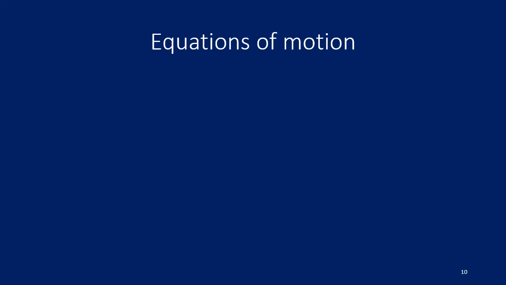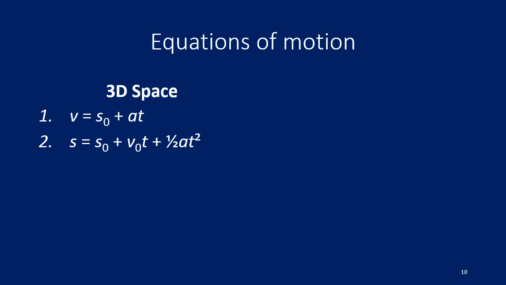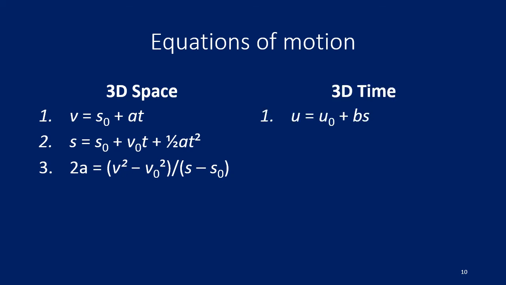Now, we're going to briefly look at equations of motion. In three-dimensional space, these are standard equations in physics. I'm not going to derive them here. They show the ways of getting velocity, the position, and the acceleration. Well, we can define similar equations in 3D time.